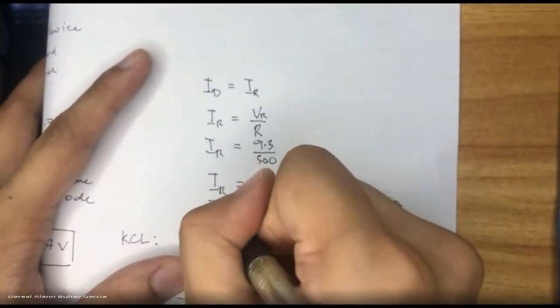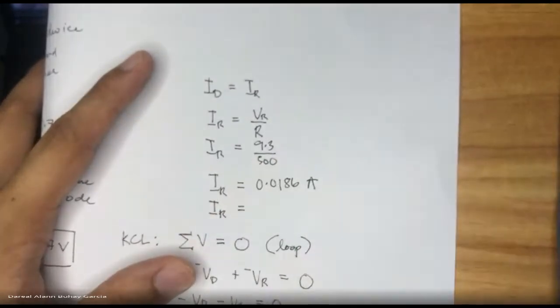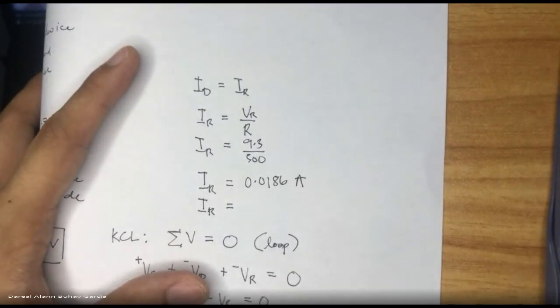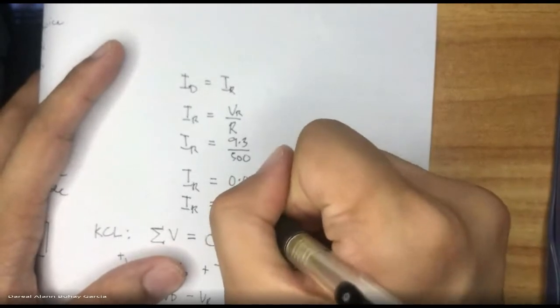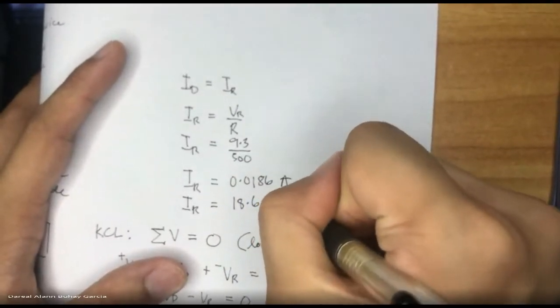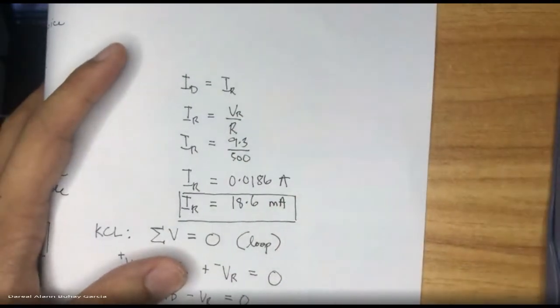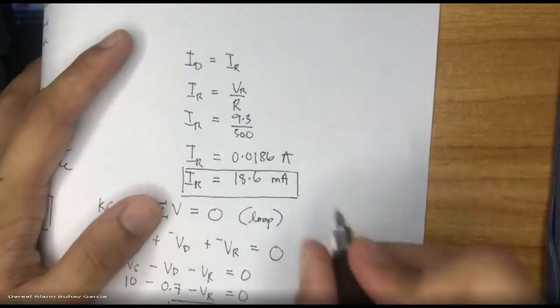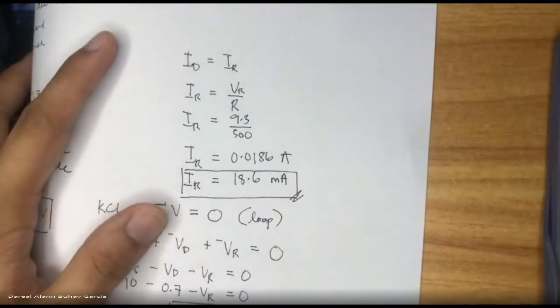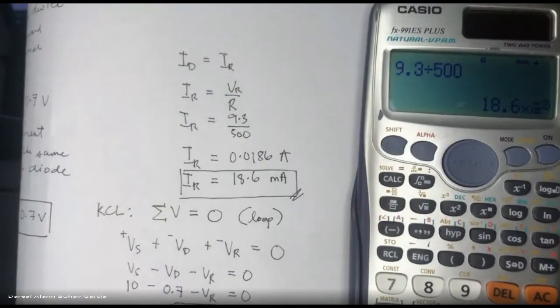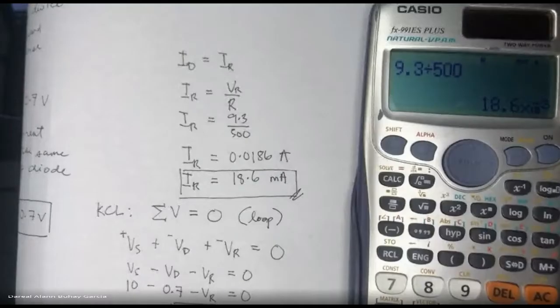But kung sa electronics gani, it's commonplace to put it in a milliampere notation. So this is 18.6 milliamperes, which is also the diode current. Any questions so far? None, sir. Sabtan na ni? Yes, sir. Okay. Sige, let's look for another example.